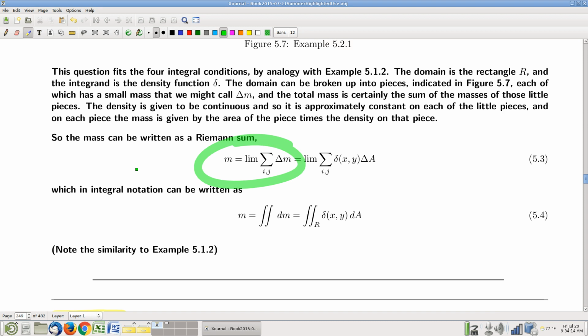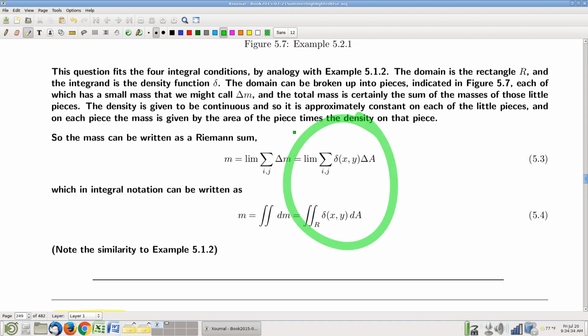Again, now don't ever take that for granted. Not every quantity you're going to want to compute in this life will necessarily be an accumulating quantity, right? But the mass is, in this case, and since we just agreed that on those little pieces, mass is density times area, we get a Riemann sum, namely a double integral, right?